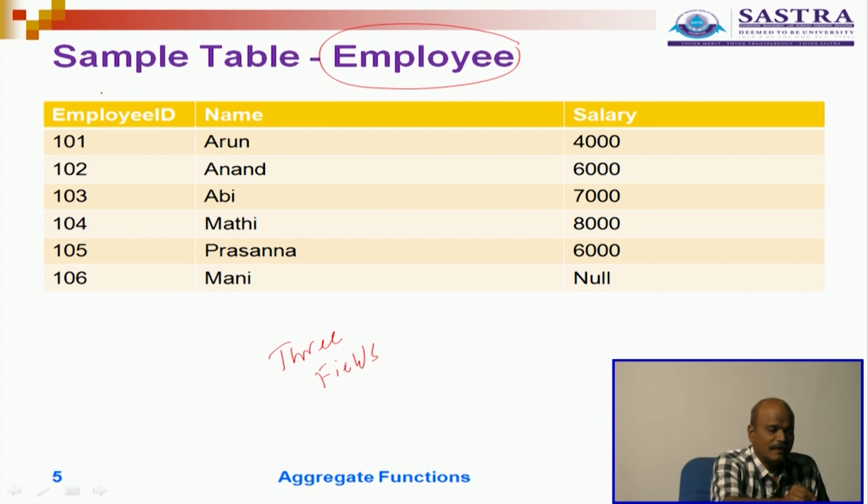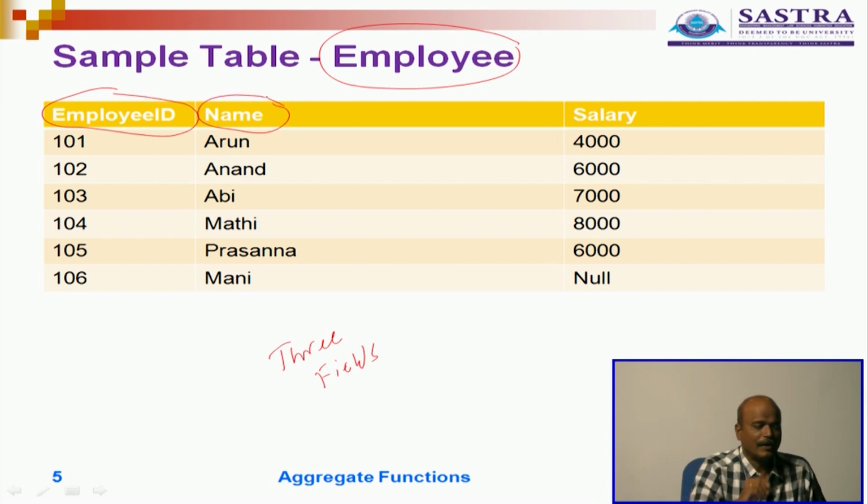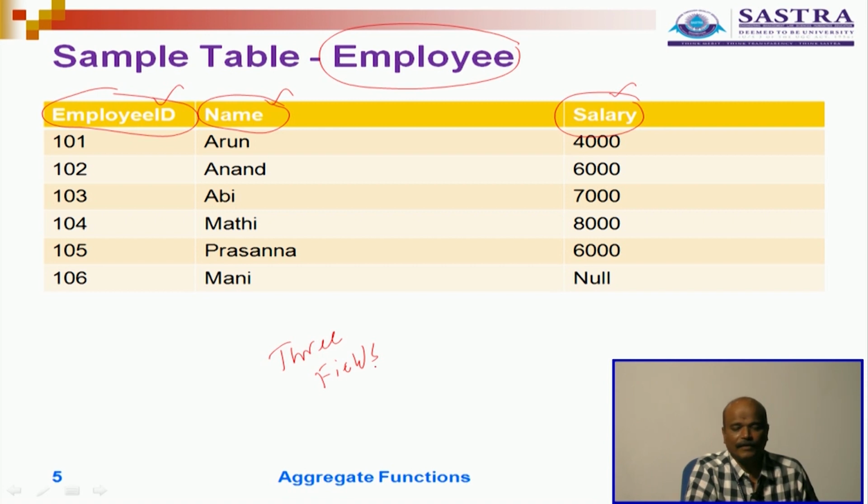The name of the first column is employee ID, the second column is employee name, and the third column is salary. Inside this employee table, I have stored the employee ID, name, and salary of each and every employee.